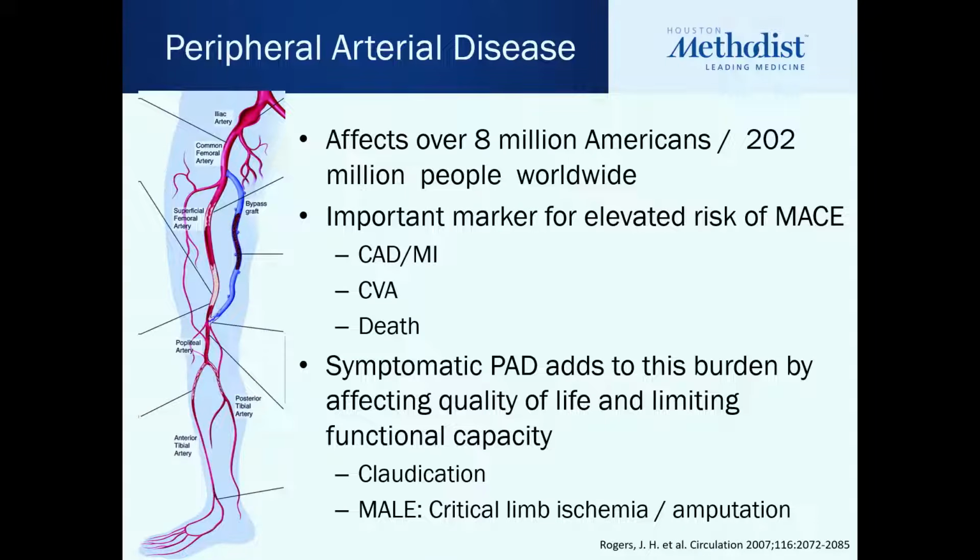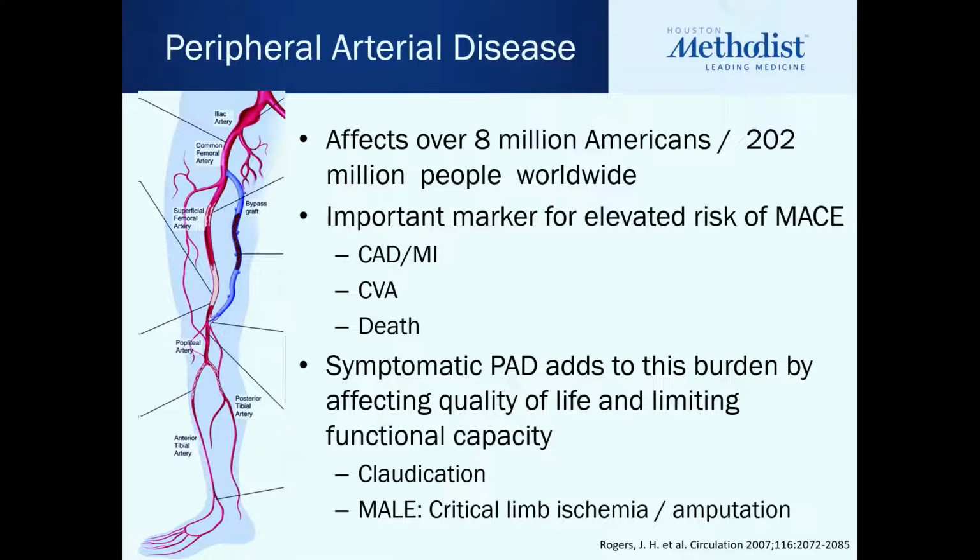So peripheral arterial disease is very common. It affects over 8 million Americans, and if you look at worldwide statistics, almost 202 million people. So this is a disease that we are readily going to see. It's an important marker for elevated risk of adverse cardiac events. We know those patients who have peripheral arterial disease are at increased risk of heart disease, myocardial infarction, stroke, and of course, cardiac death.